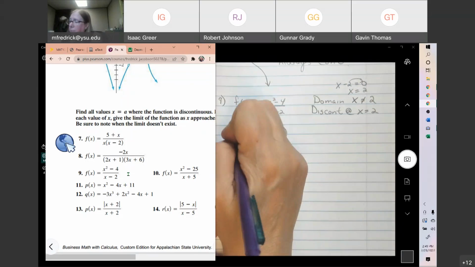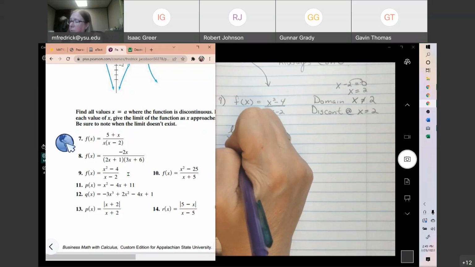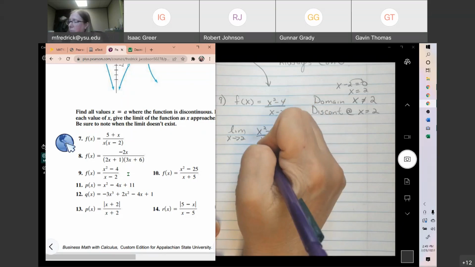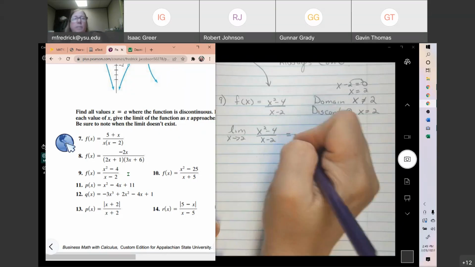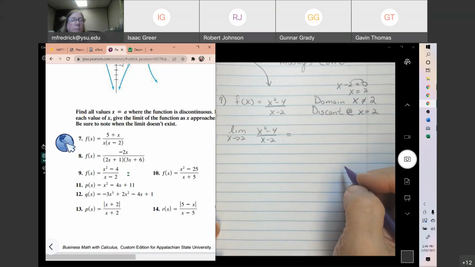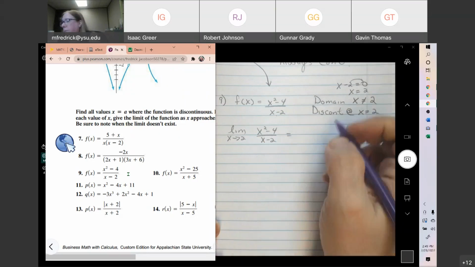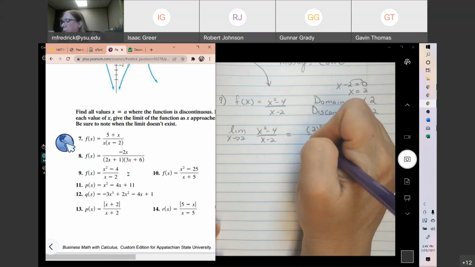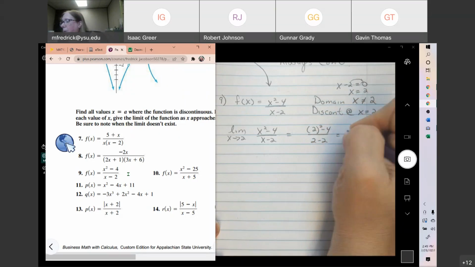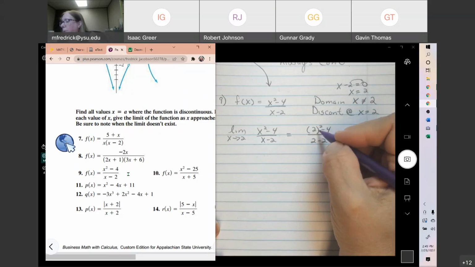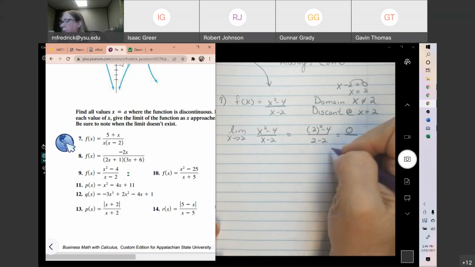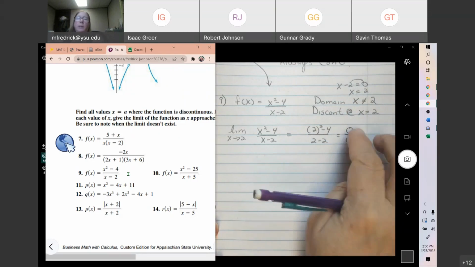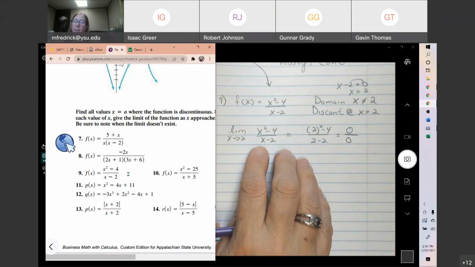So let's find the limit as x approaches 2. When we plug 2 in, 2 squared minus 4 over 2 minus 2. 2 squared is 4. 4 minus 4 is 0 over 2 minus 2, which is also 0. So that means you need to go back and factor.